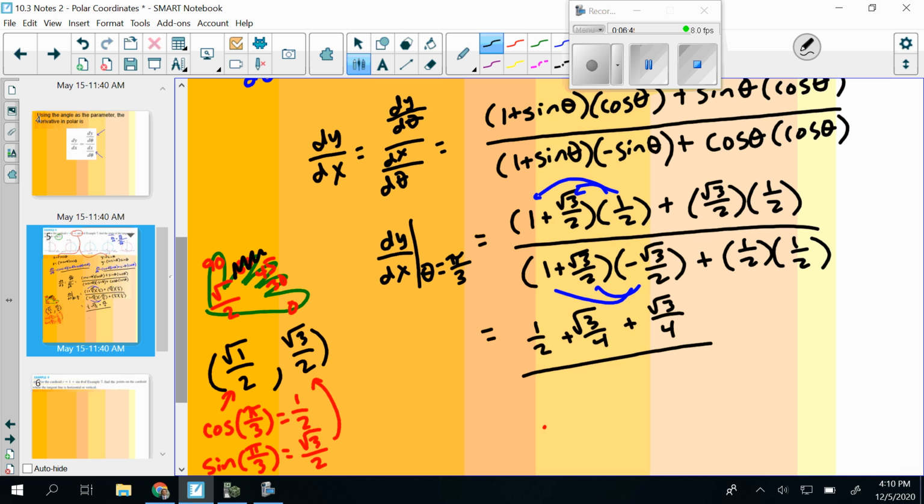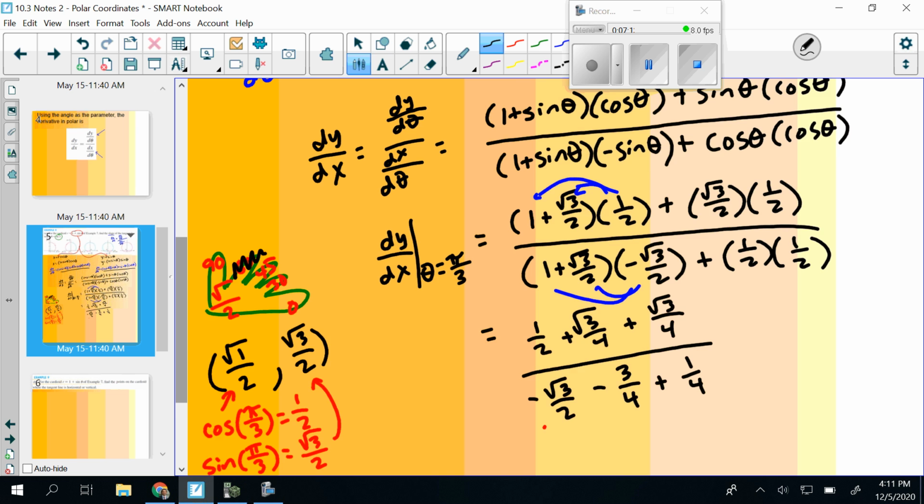On the bottom, we're going to have negative square root 3 over 2, minus, sorry, we're multiplying these two together now. Square root 3 times square root 3 is just going to be 3, and 2 times 2 is going to be 4, plus half times a half is going to be a fourth.